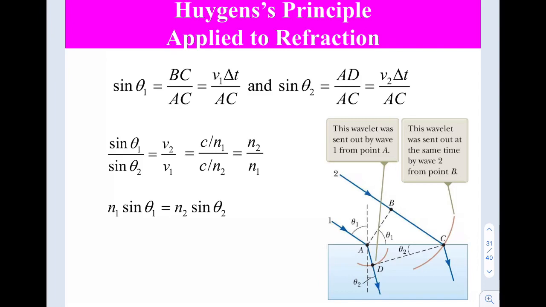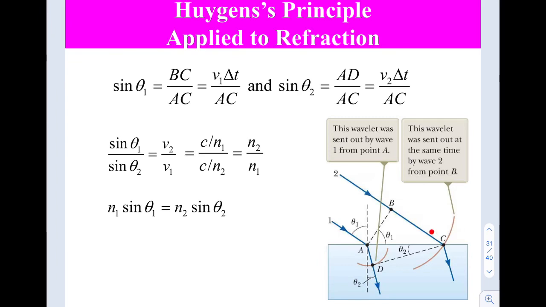Now let's consider this diagram. We are going to use Huygens principle to derive Snell's law. We focus our attention on the instant ray 1 strikes the surface and the subsequent time interval until ray 2 strikes the surface, as in this figure.